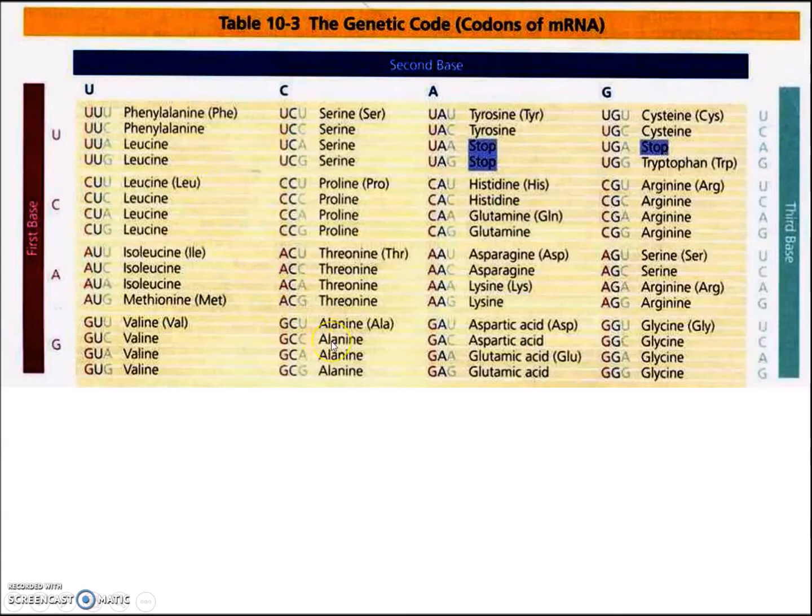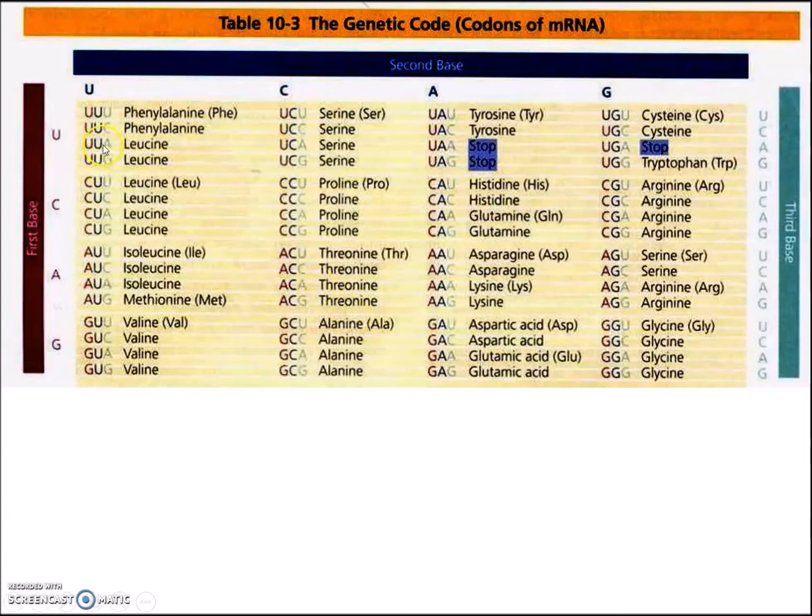If the triplet of bases were guanine, cytosine, uracil, that would code for the amino acid alanine. There are 64 different triplets of 3 nucleotide bases that you can make, but there's only 20 different amino acids. That means that in this table, there's a lot of duplication.